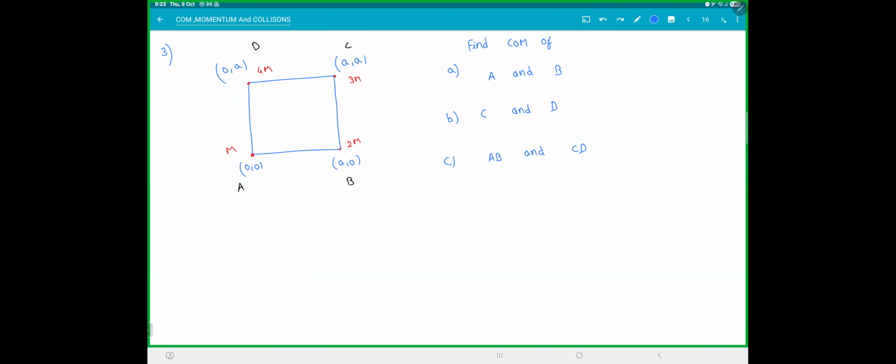Let's just get this thing. I hope everyone is clear what I'm trying to ask you. AB is one system, CD is one system. You'll get 2 center of masses. So these 2 center of masses will be like 2 different particles. Then the center of mass of these 2 particles. So center of mass of center of masses.